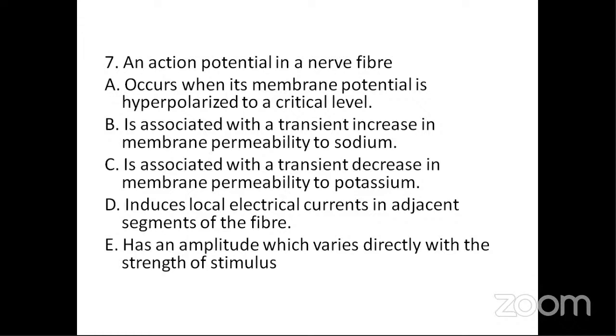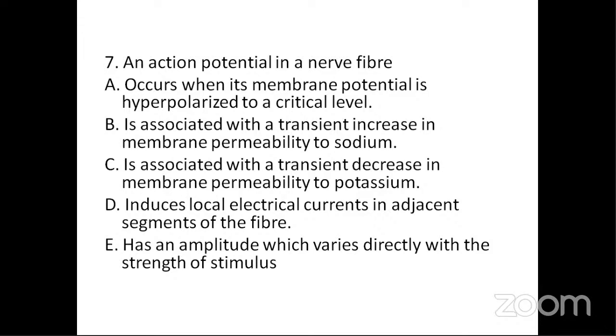And next, an action potential in a nerve fiber is associated with a transient increase in membrane permeability to sodium. It is true. This leads to rapid depolarization towards the sodium equilibrium potential.